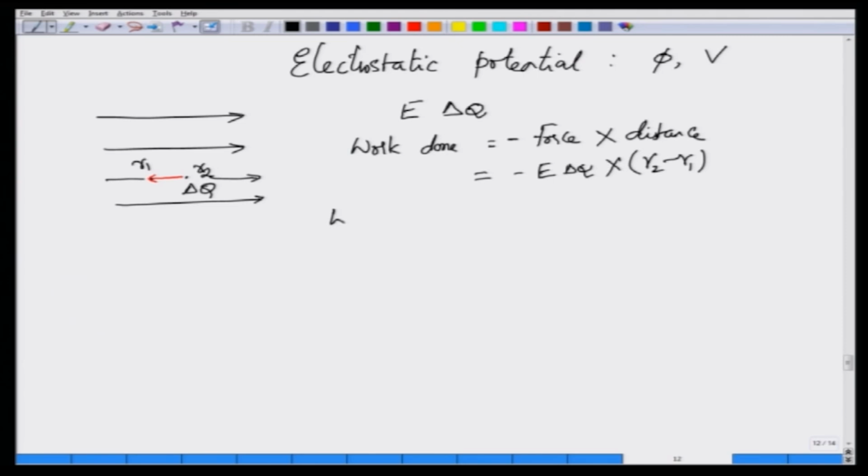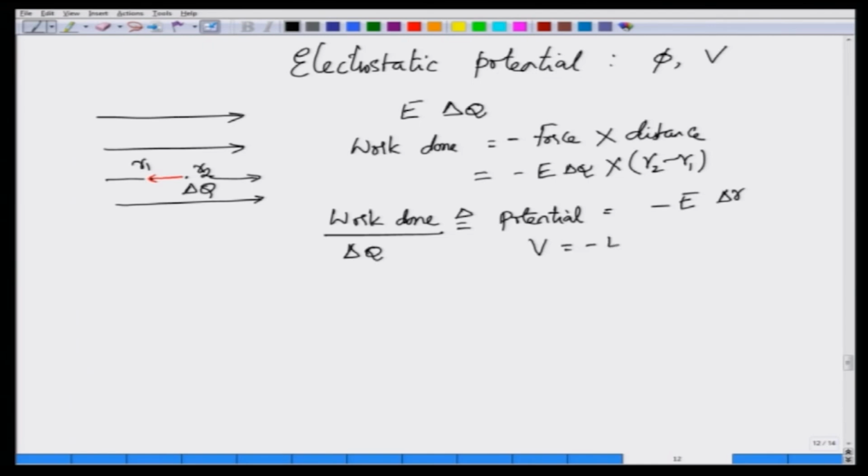If I now define how much work I need to perform in order to move one unit charge, I define this as the potential. That potential will be equal to minus E times delta r, where delta r is the length along which I have moved or the distance I have moved. And this potential can be represented as V.